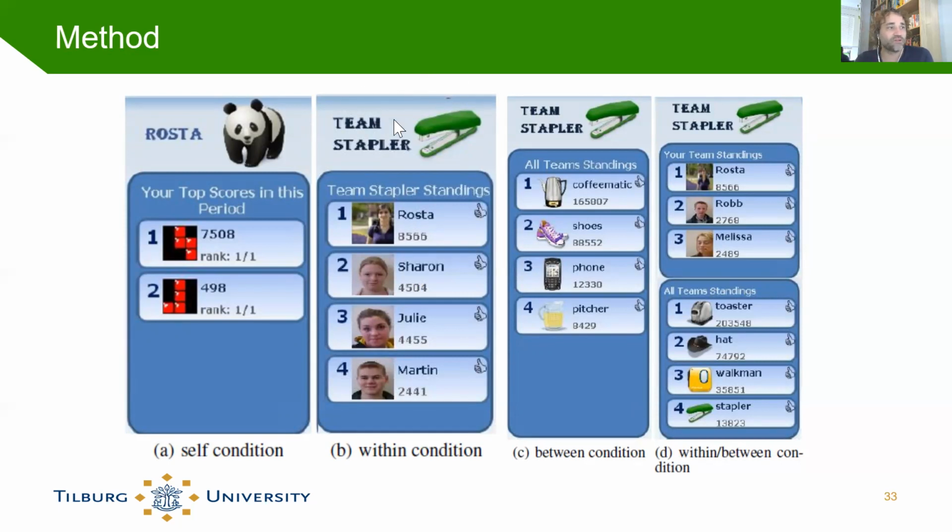They played as a team against other teams, or they played as a team but against each other in the team. So this is no identity. This is common bond, where you play in a team with people, and this is common identity, where you play against other teams, and this is a combination of both.